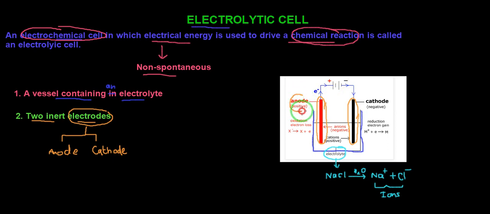And what is the charge on the anode? The anode has a positive charge in case of this electrolytic cell. While what about the cathode? The cathode has a negative charge in case of an electrolytic cell. So basically there are two types of electrodes, one is anode and the second one is cathode.